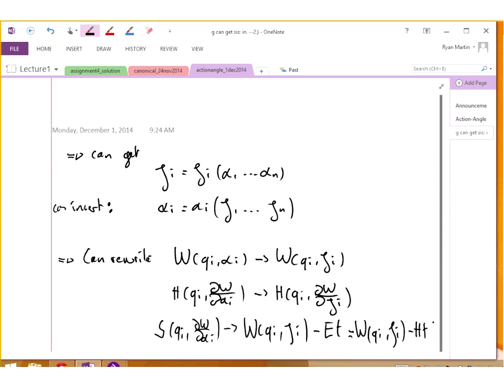So you put the J's instead of the alphas into the Hamiltonian. So effectively, we've chosen a new canonical transformation where the J_i's are the new transformed momenta, which we called capital P_i in the past.